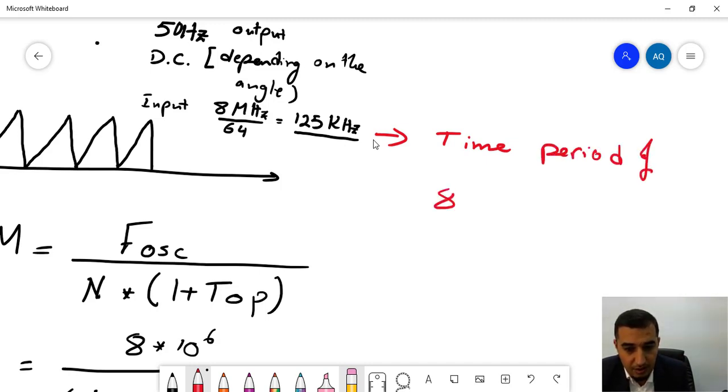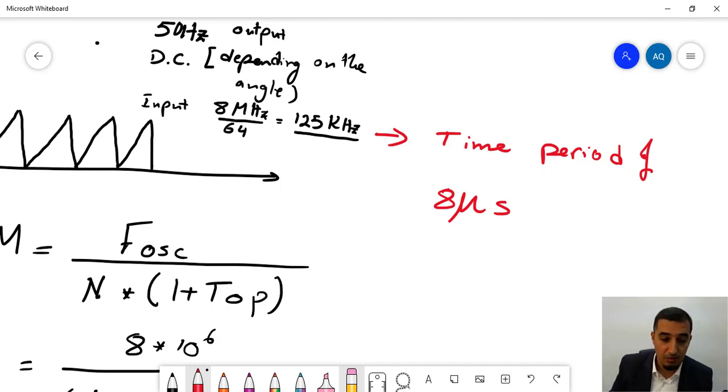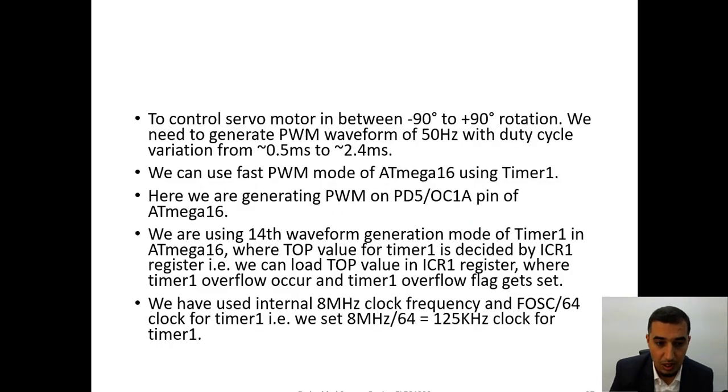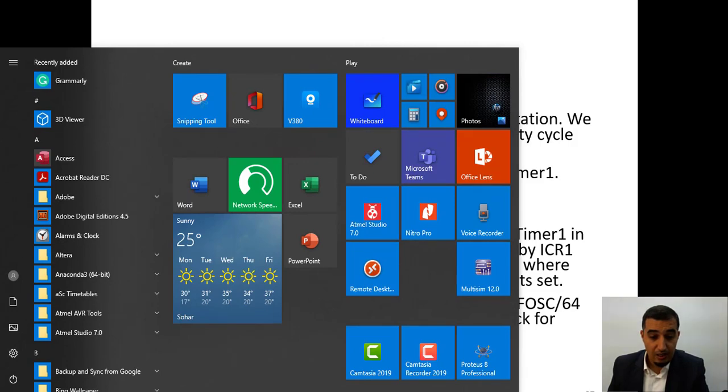Of 8 microseconds. Okay, 8 microseconds. My motor will be running what? Will be running times. So if I want to generate 0.5 milliseconds in order to control the servo motor, how many counts?